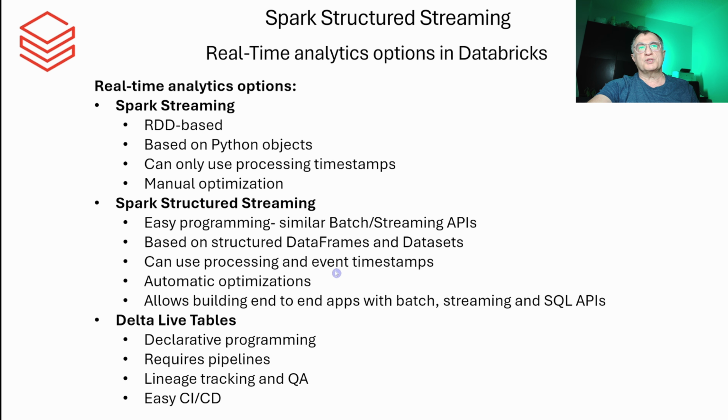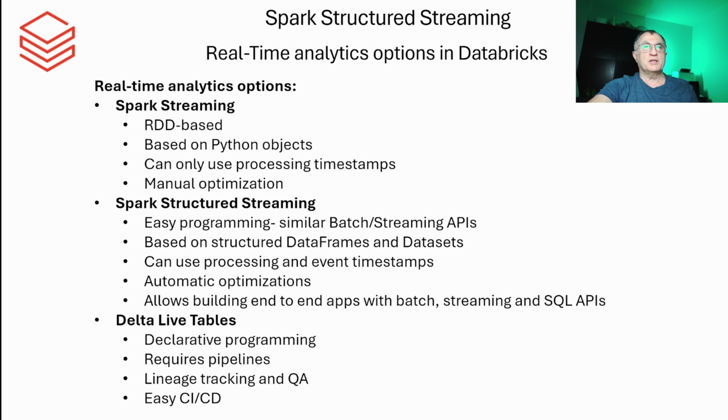The next technology is Delta Live Tables, which is much younger. It's based on declarative programming, so you can use SQL or Python flavors of it, and it requires a pipeline.